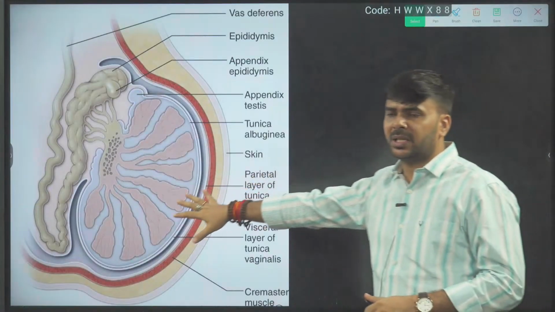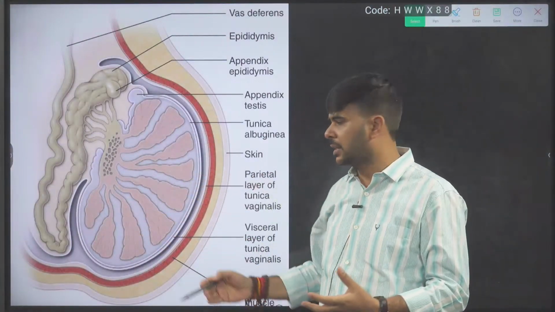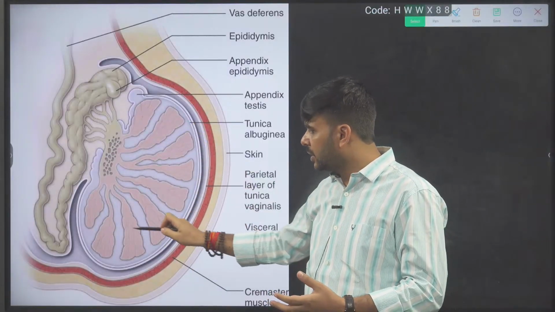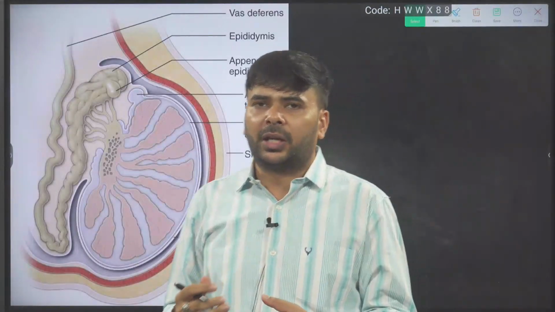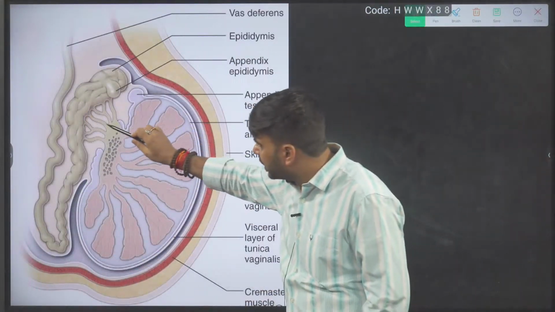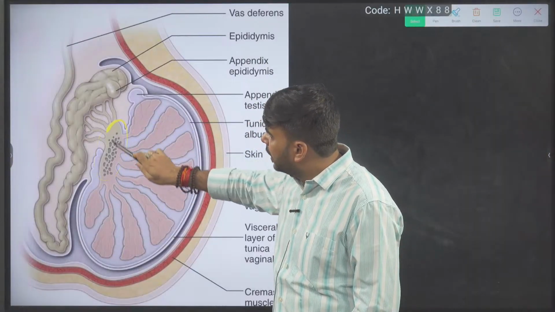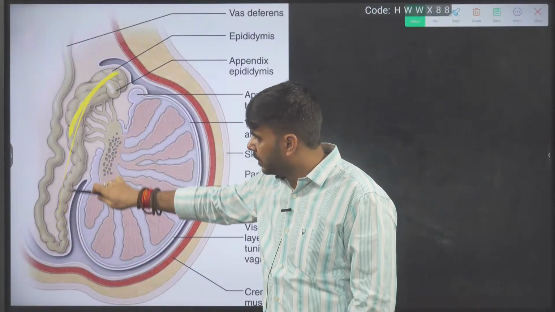Here it is the internal section of the testes. Testes contain internal chambers. In these internal chambers, sperm is formed and synthesized. Sperm is then transported to the rete testis. This area is called the rete testis, and from the rete testis to the epididymis. This area is called the epididymis.